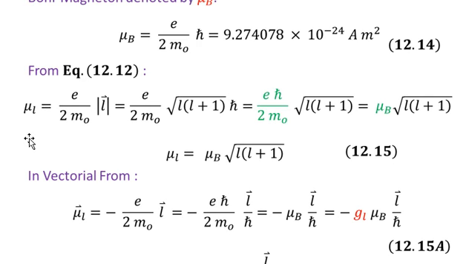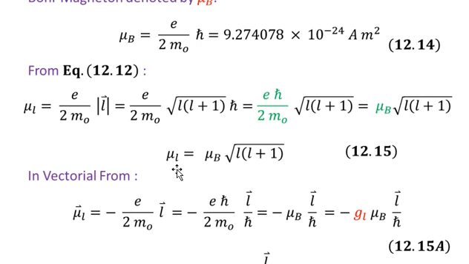So you see that we have defined over angular momentum, over Bohr, over orbital angular magnetic moment. This is the orbital magnetic moment. So we have defined the orbital magnetic moment in terms of the Bohr magneton multiplied by the square root of L into L plus 1, where these small l are actually the quantum numbers.